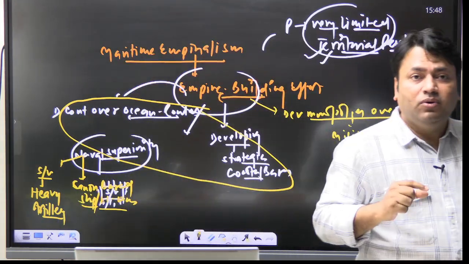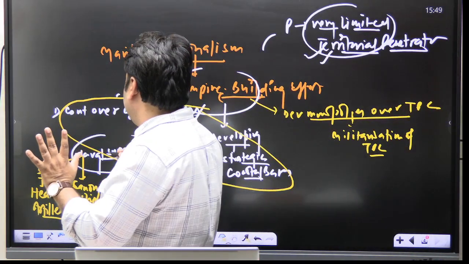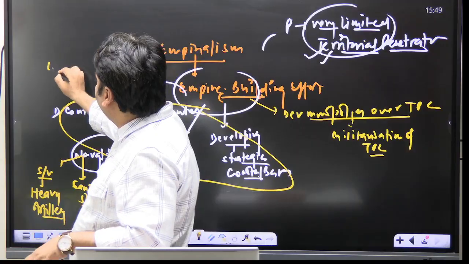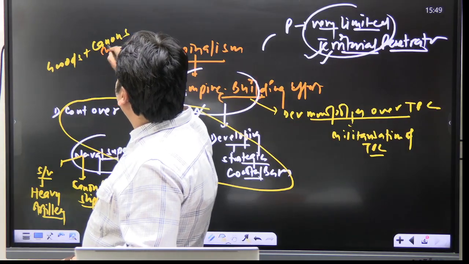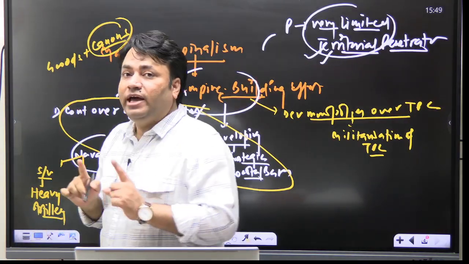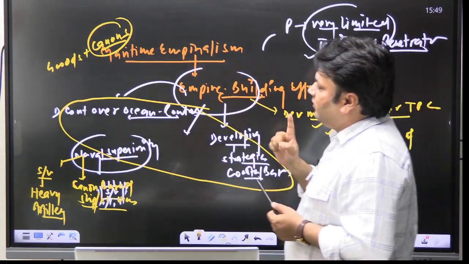It means now the ships or vessels are carrying cannons along with the goods. Are they carrying only goods, or are they also carrying cannons? They are also carrying cannons, and that's why we use the term militarization of trade.